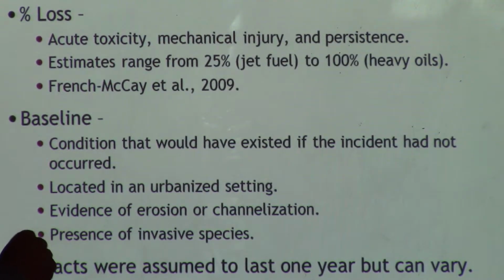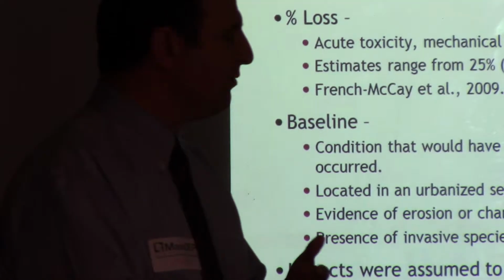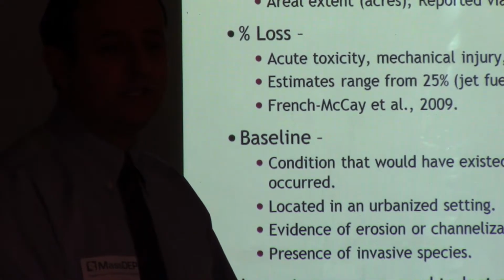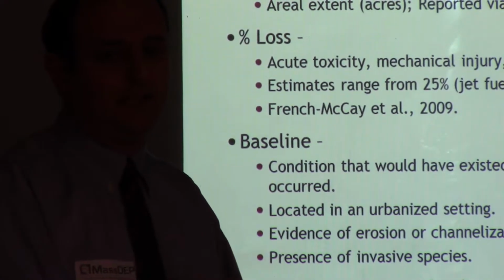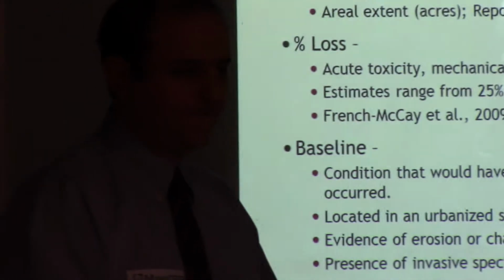So what we have is: is it located in an urbanized setting? Is there evidence of erosion or channelization along the banks? And is there the presence of invasive species? And so urbanized setting can come from MassGIS, whereas the erosion or channelization and the invasive species would be an observation that the LSP would be making on the site.